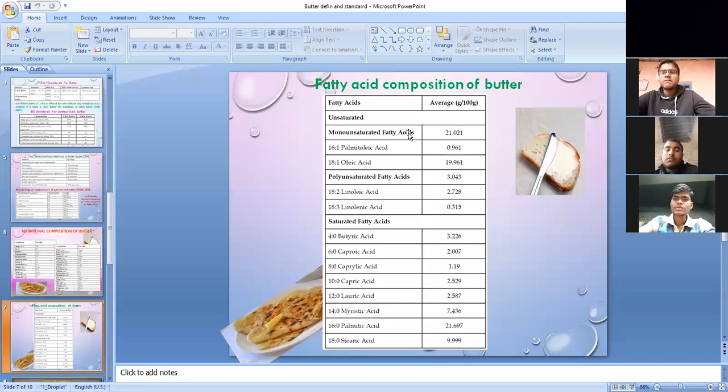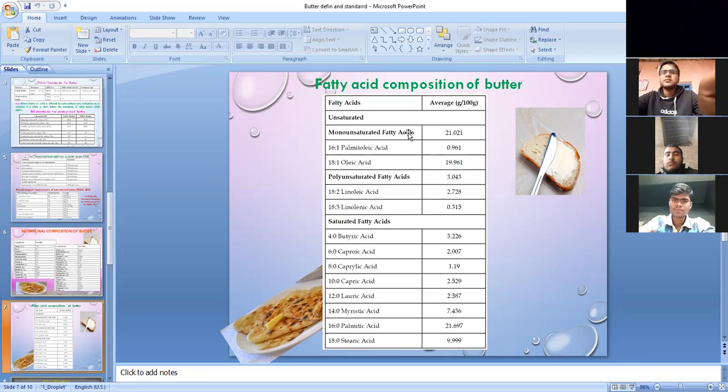But when we prepare butter from cow milk, we definitely get less yield in comparison to buffalo milk. Similarly, the fatty acid profile in case of buffalo milk is different from cow milk.